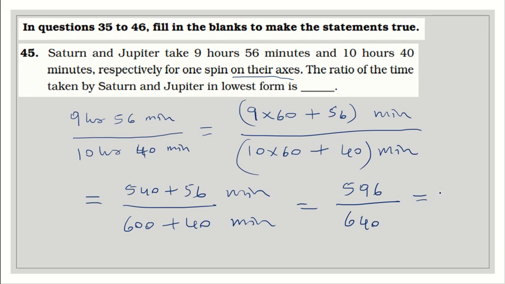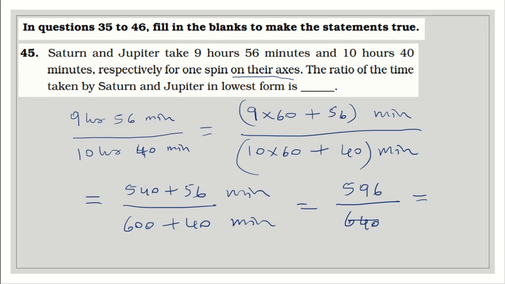Now we will simplify in lowest terms. How to simplify? Just by taking a common factor and cancelling both of them. It is not that easy to see quickly. They can go with 2, and will they go with 4?